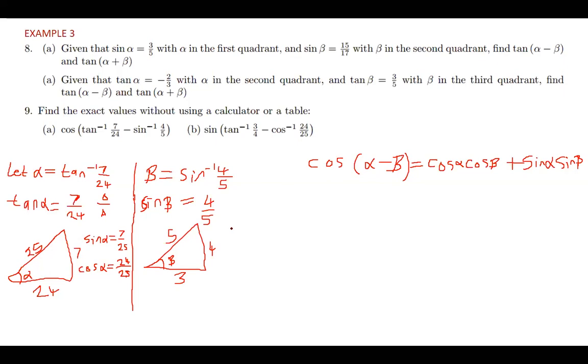And then from there, for alpha, we already have sine alpha. What we don't have is sine beta, so what I'm going to find here is only sine beta. Sine beta has already been given.